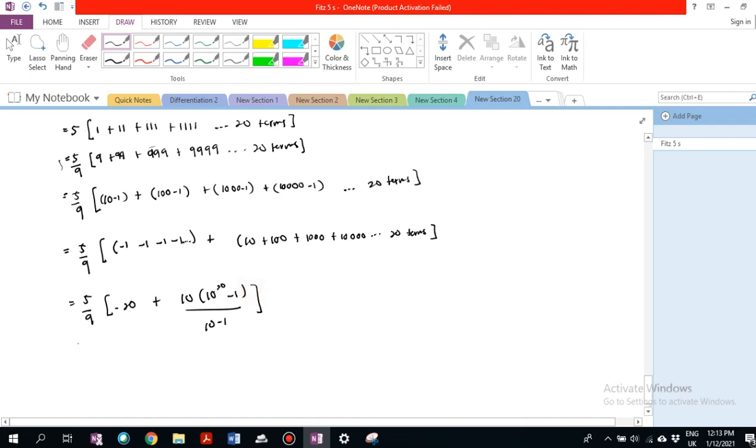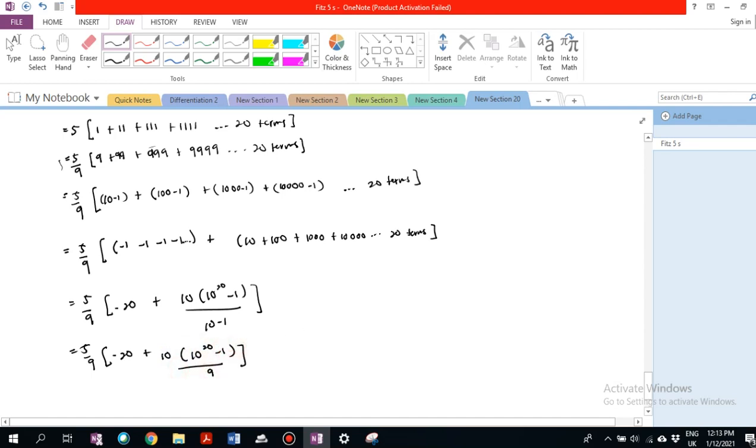So you will get 5 over 9 times (negative 20 plus 10 times (10 to the power of 20 minus 1) divided by 9).